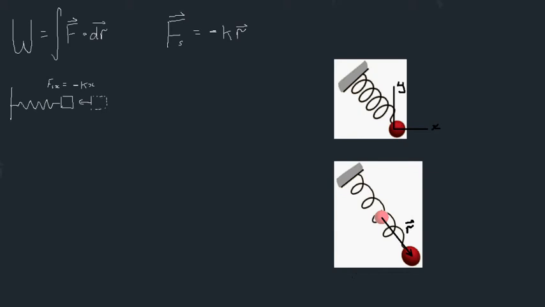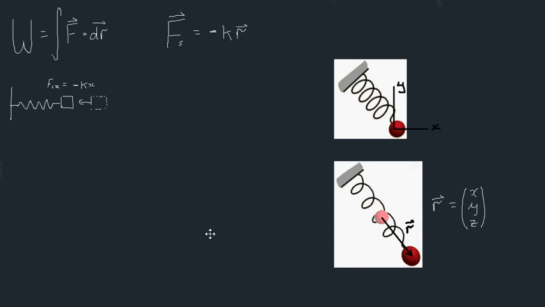And we know that r is just going to be equal to x, y, z in the most generalized sense. So in other words, we've displaced this ball from its equilibrium position a distance x in the x direction, a distance y in the y direction, and a distance z in the z direction, right?